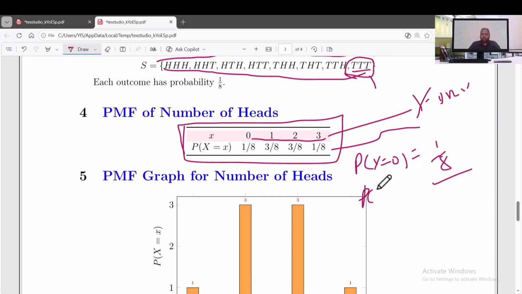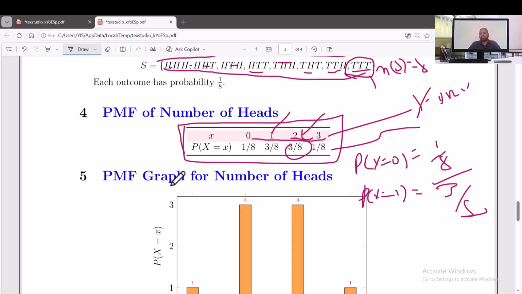So the probability of x equals 1: how many outcomes are there with only one head? One is this, one is here, another is here, so 3 over the total number of outcomes, 8. That is 3 over 8. The same is true for two heads, which will have 3.